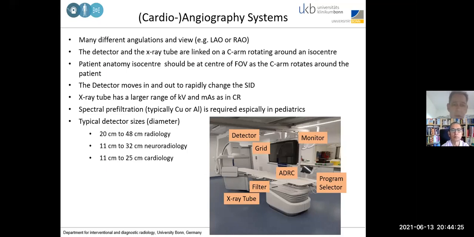If you look to radiology, you can go up to 50 centimeters diameter for the detector, and if you look into cardiology, you may not use 50 centimeters in diameter for an image, maybe you use 11 centimeters, and you would like to have the same contrast and the same resolution and the same distortion and the same kV on the same dose, but the diameter changed by a factor of 5. So you will see that this may challenge you a little bit more than with conventional radiology.